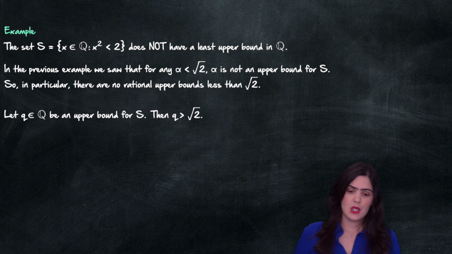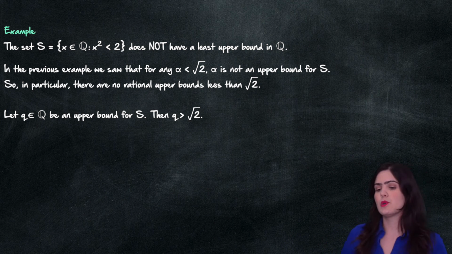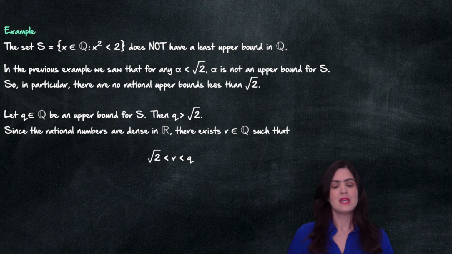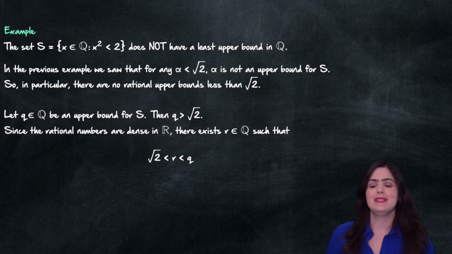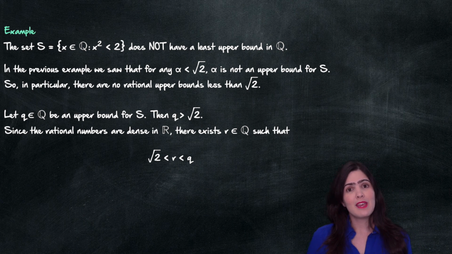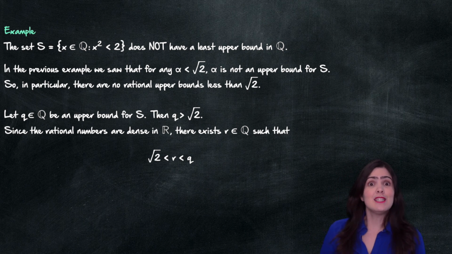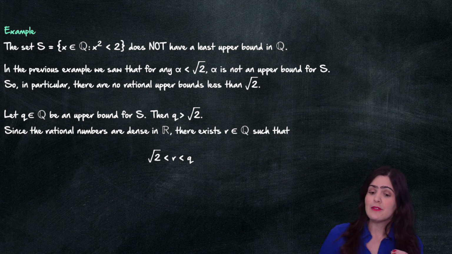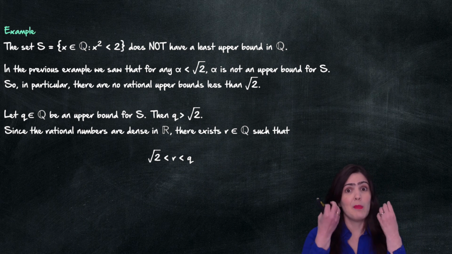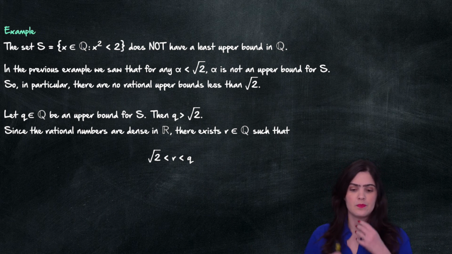Okay, so we have that Q is greater than the square root of 2. But since the rational numbers are dense in the set of the real numbers, we can find a rational number r such that r is in between the square root of 2 and my upper bound Q.